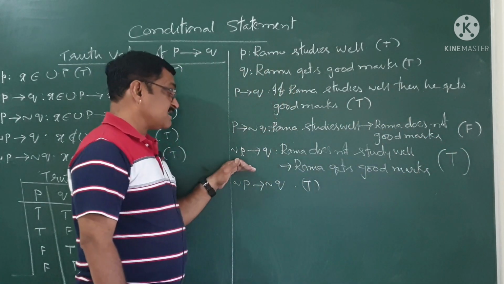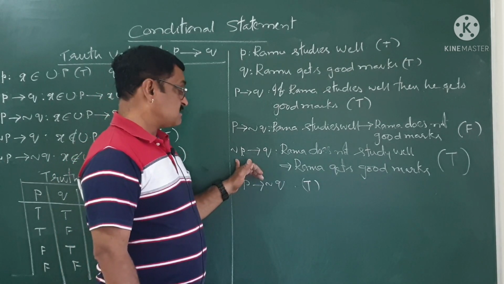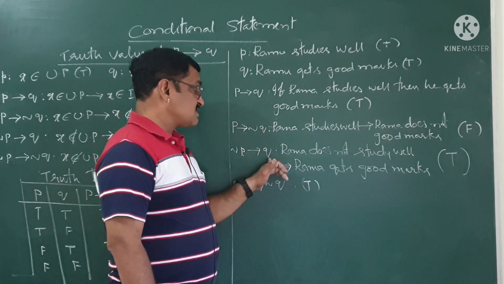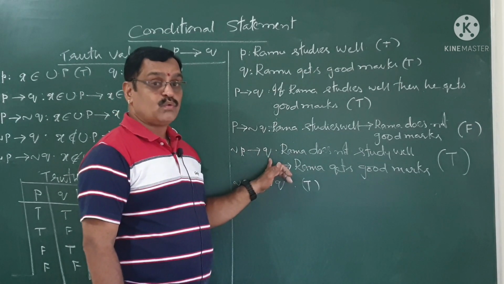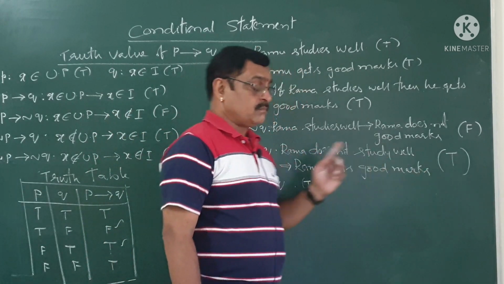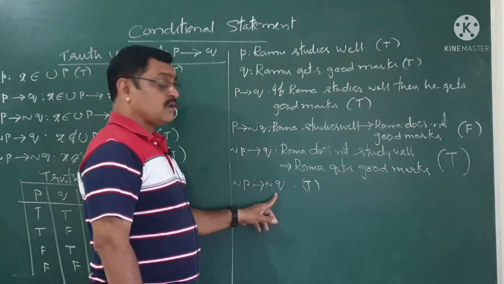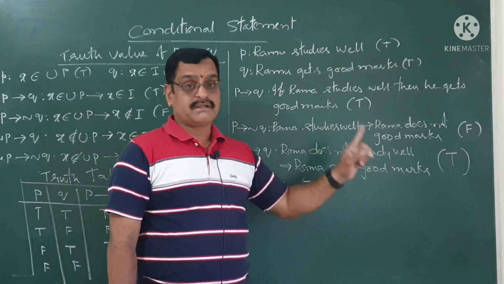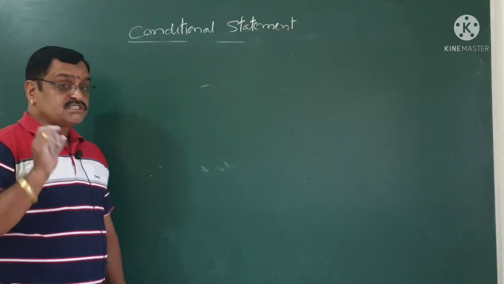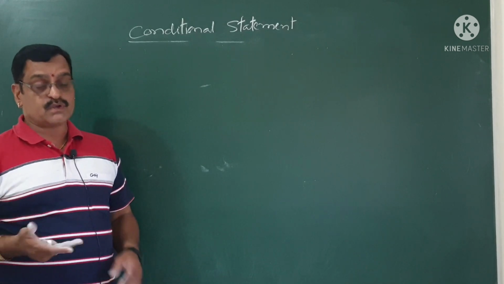Even though the antecedent is false, if the consequent is true, then the total statement is true. If the antecedent is false and the consequent is also false, the total is true.